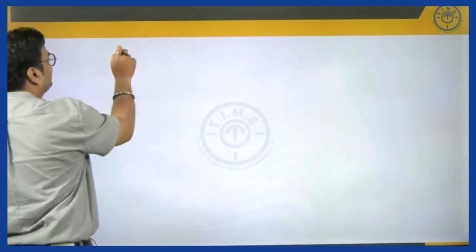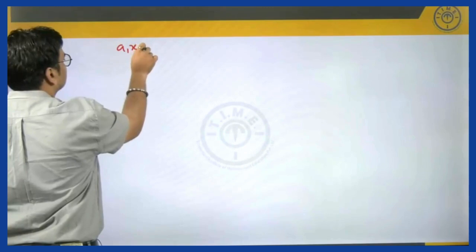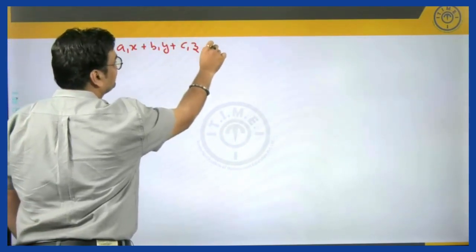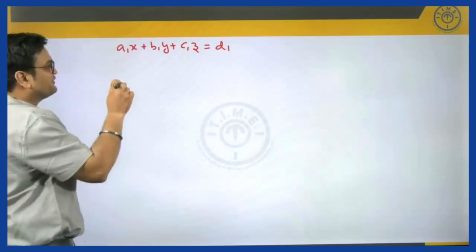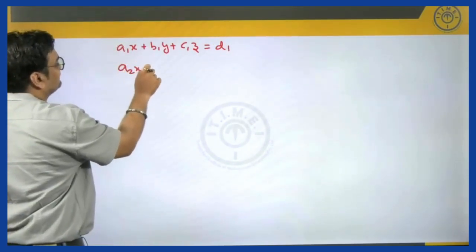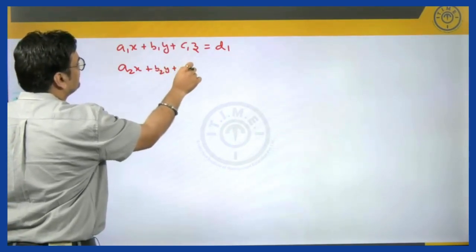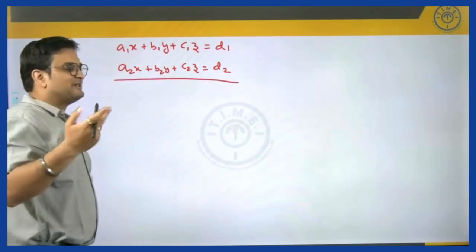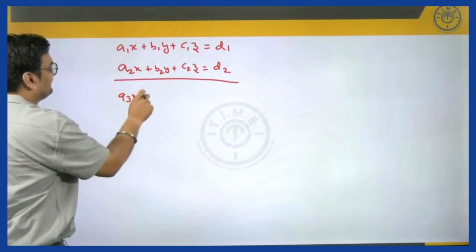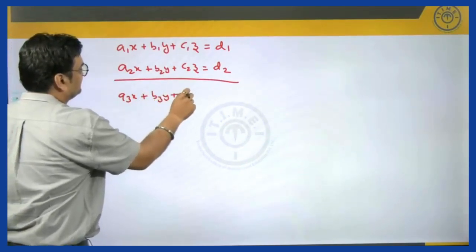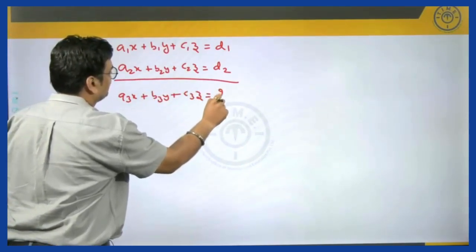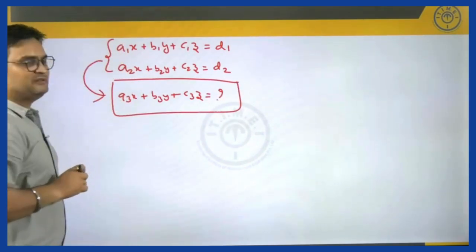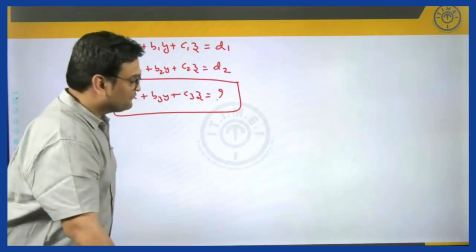You have a1x, b1y, c1z, three variables, is equal to d1, one equation given to you, and similarly you have a2x, b2y, c2z is equal to d2, and he is now asking you to find out a3x plus b3y plus c3z will be how much. He has given you these two and he is asking you to find out the third combination of variables. That is what is happening here in the problem.